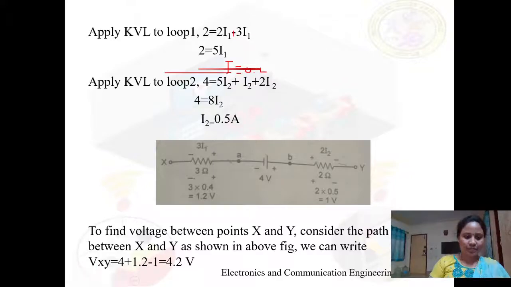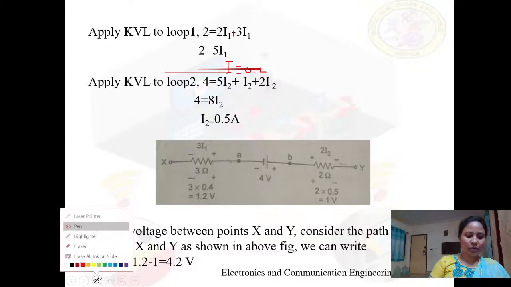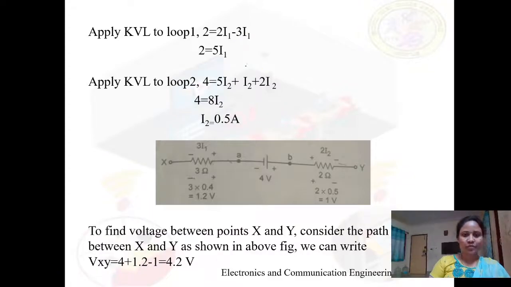Similarly, we can find the value for I2. The value for I1 is 0.4.